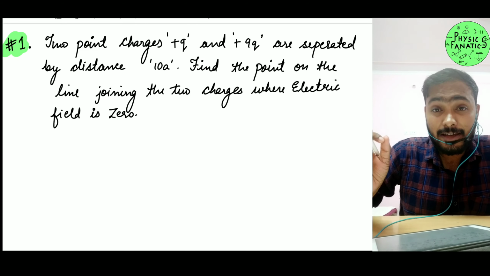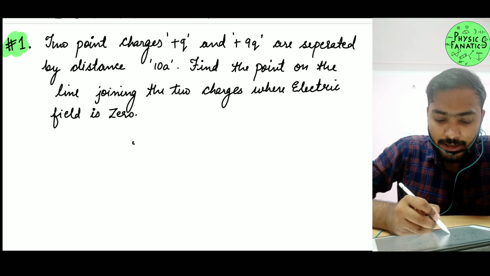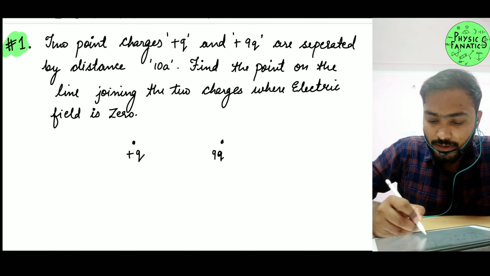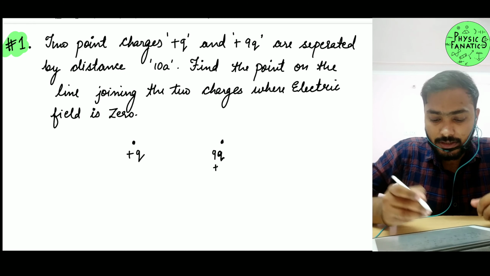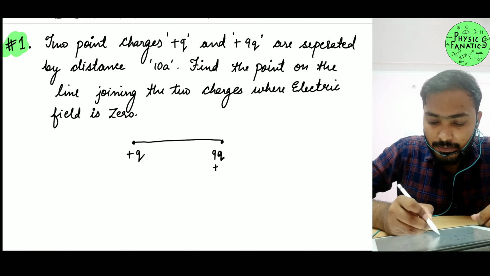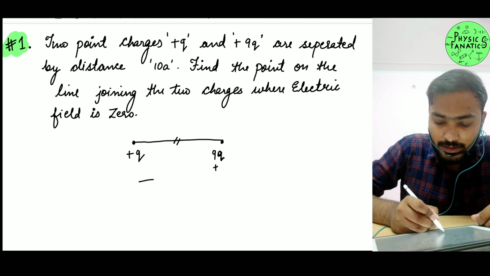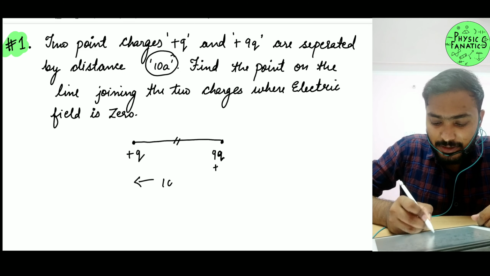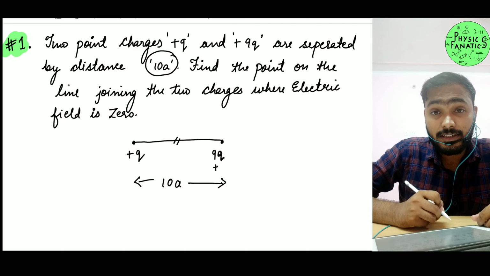Okay, so basically what is happening in the question, I have two charges. One charge is plus q, right? Another charge is 9q, and again 9q is also positive, right? They are separated by a distance of, it's actually given, that is 10a. Great, right?